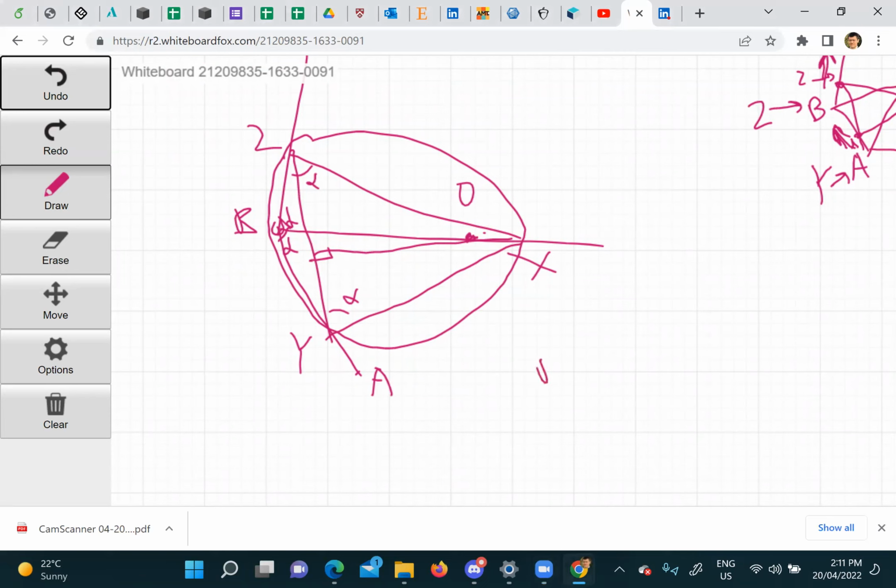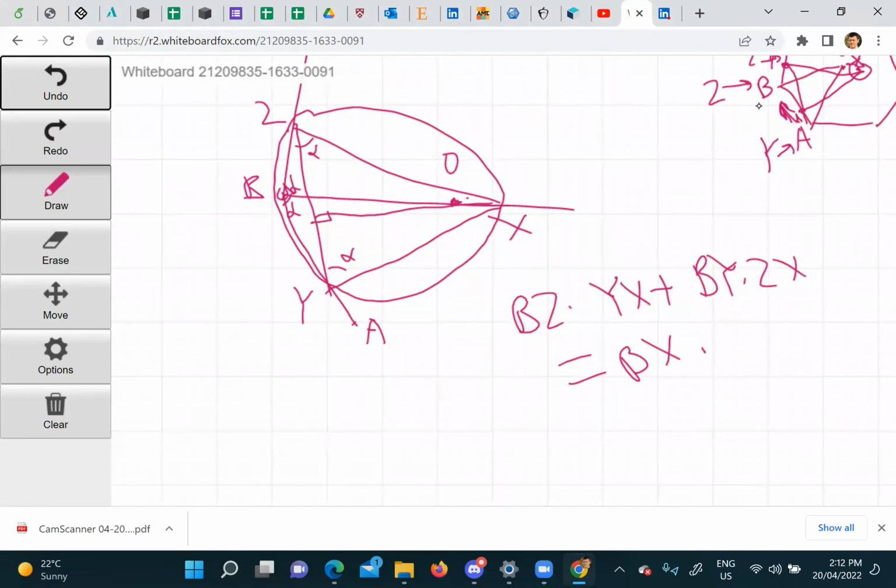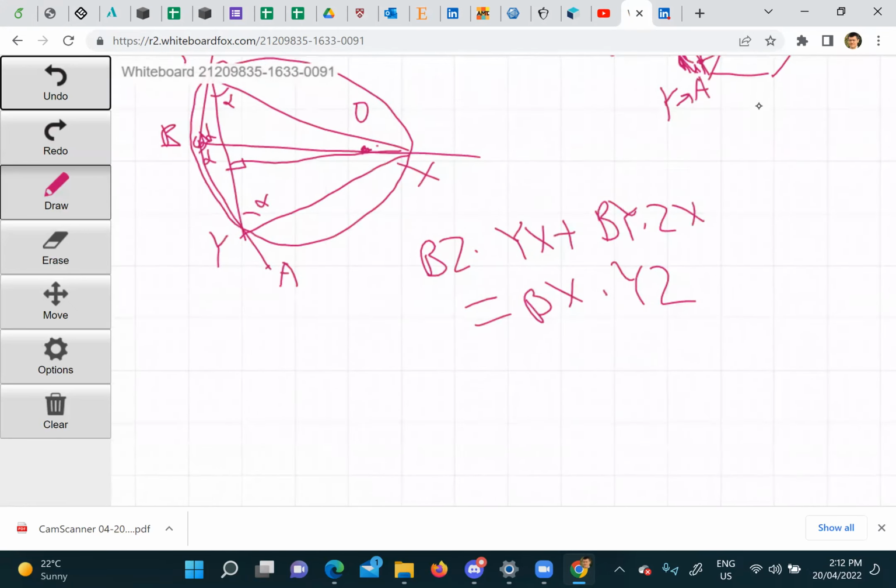So BZ times YX plus BY times ZX equals BX times YZ.